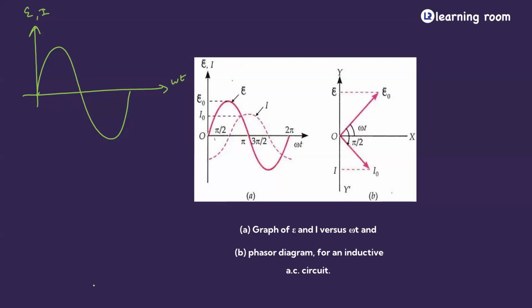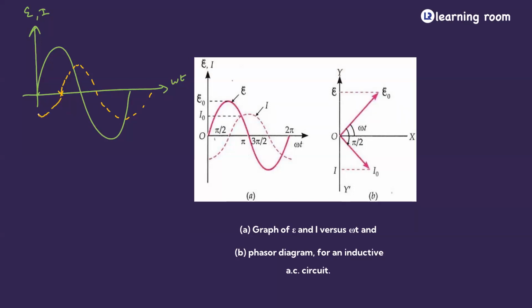Meaning the value of current will start from here. So it keeps going like this. So the meaning of this is, here also when the EMF is maximum, current will be minimum. But the only difference is the graph will start from here.